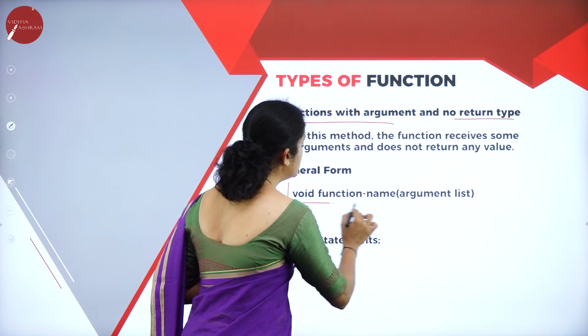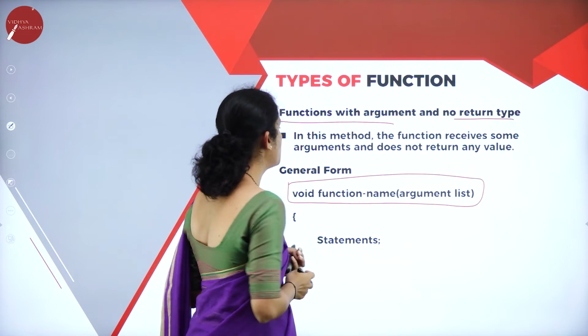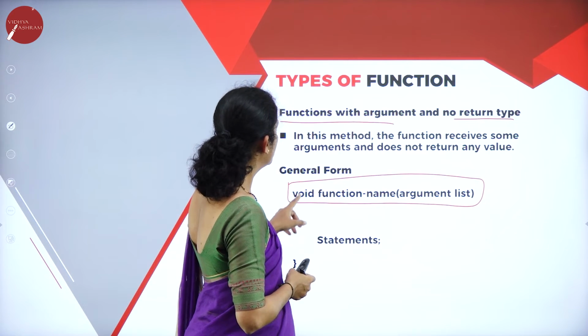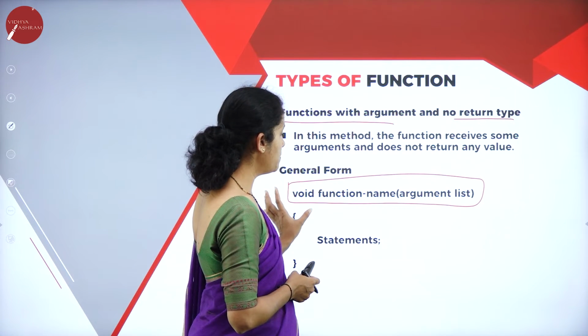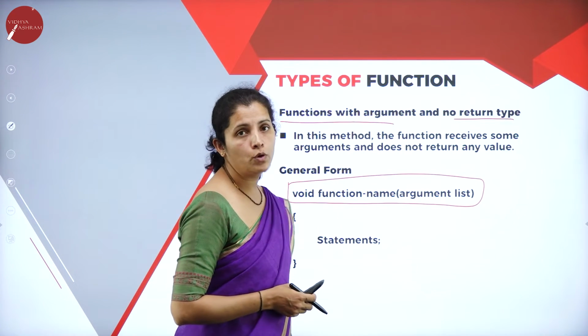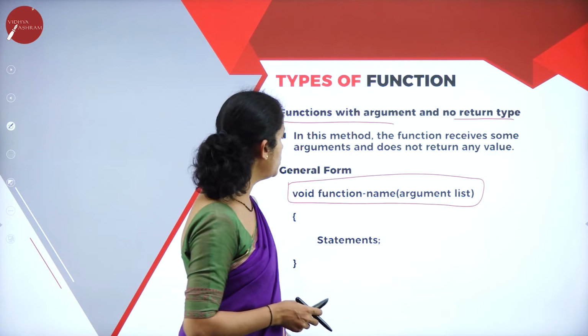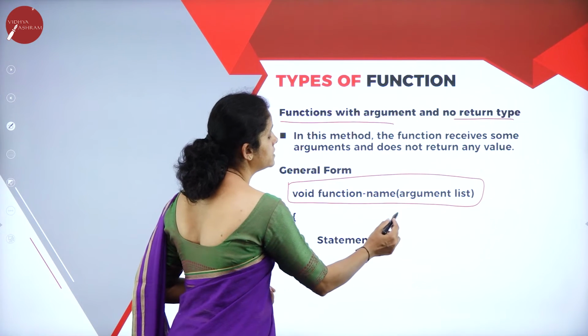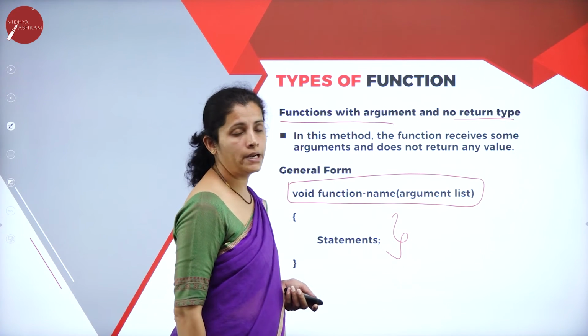This is the general syntax. Here void is the return type, function name is nothing but the user defined function name, and I'm going to have the list of arguments, and a set of statements.